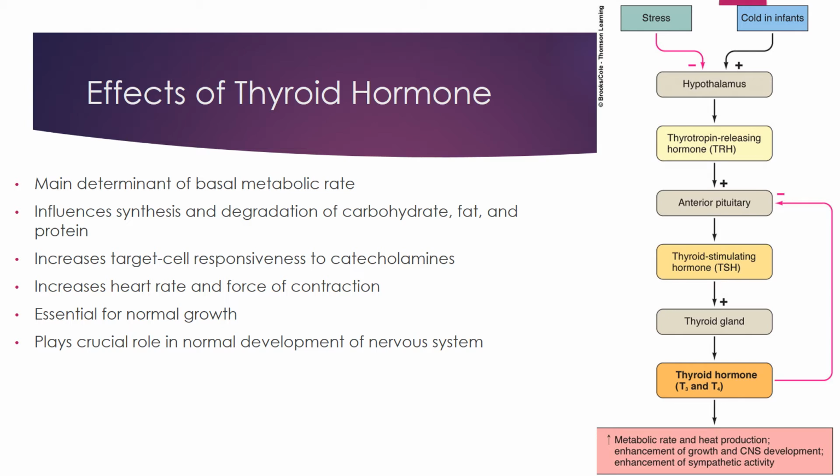It helps to promote the maturation of the nervous system as well. We also have an increase in heart rate and force of contraction, and thyroid hormone is essential for normal growth and development, and also plays a crucial role in increasing the rate of cellular respiration.